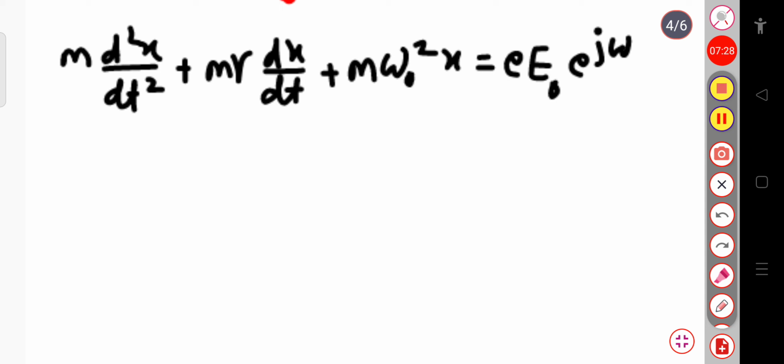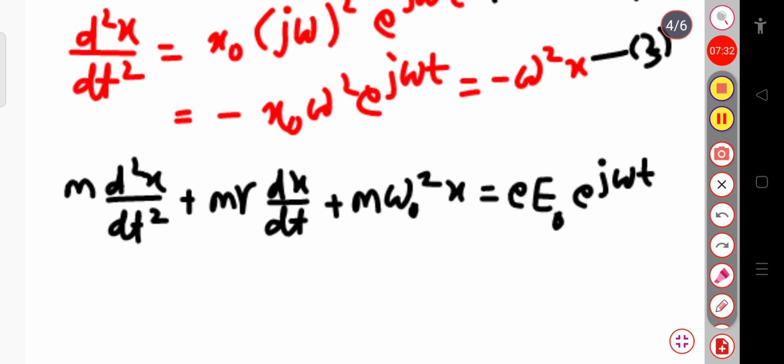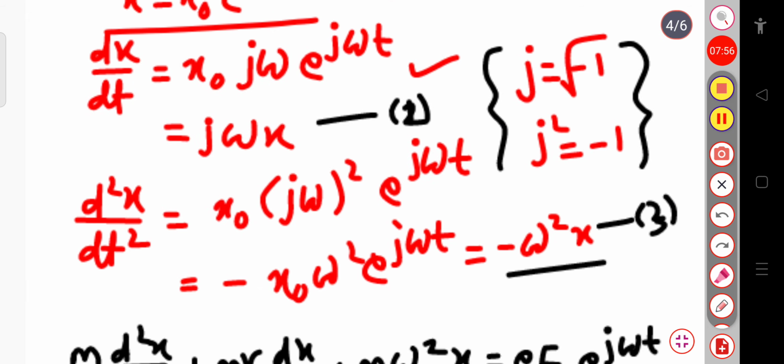Okay. Now if I substitute this value, you can see here the d square x by dt square, I can write m into d square x by dt square is your minus omega square x. So I can write this will be minus m omega square into x. Okay. Plus this is your m gamma dx by dt, the value of dx by dt is your j omega x.